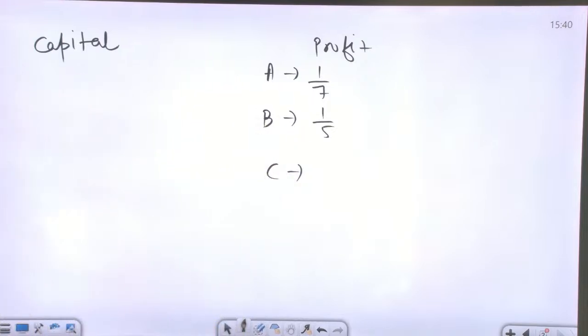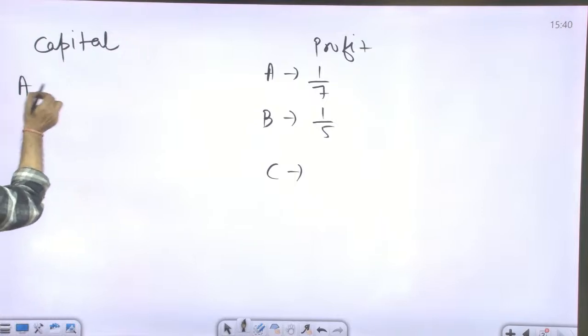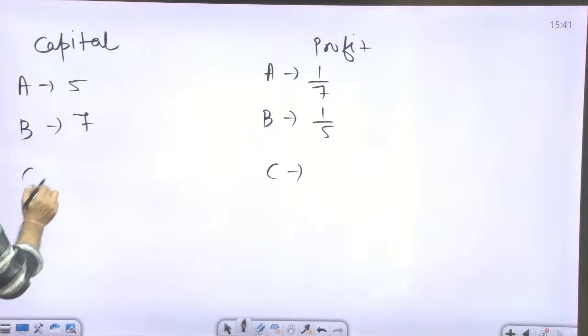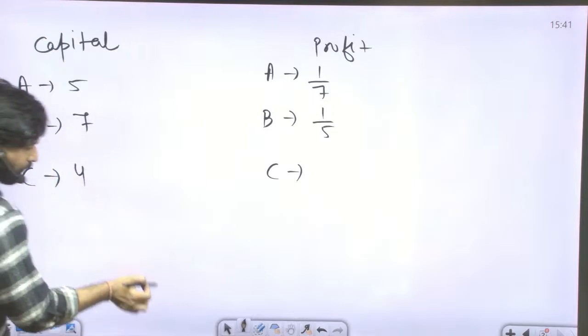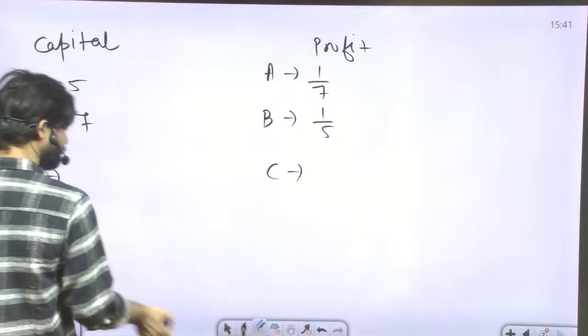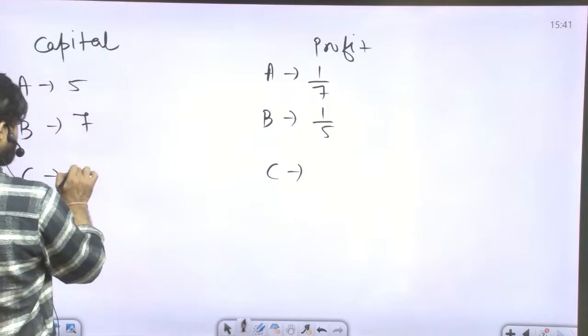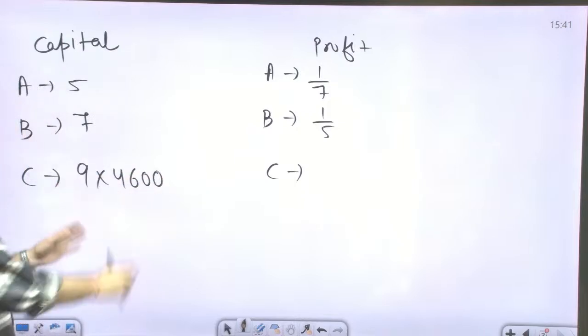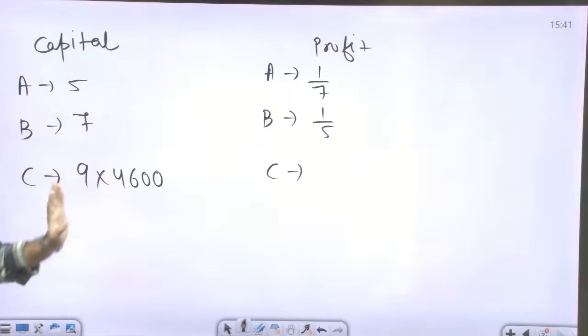A has invested his money for 5 months and B has invested his money for 7 months, and C has invested his 4600 rupee for how many months? 9 months. So I have written the profit of C directly here.